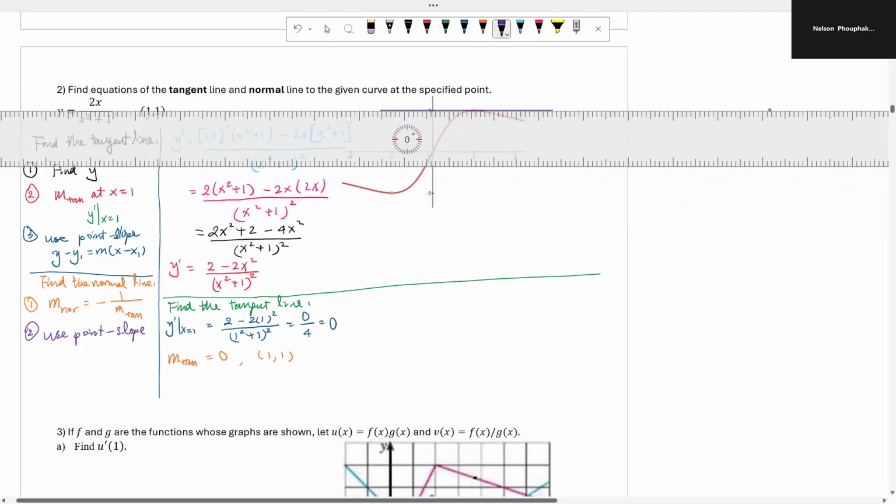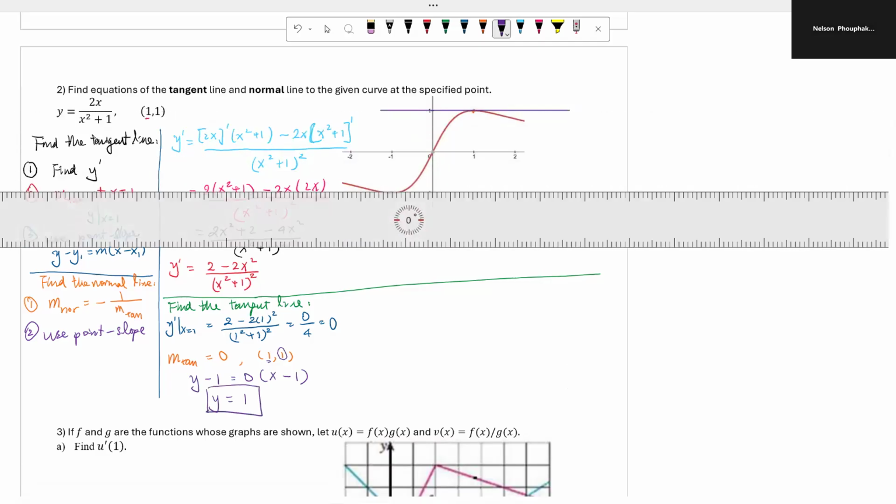This means that I have a horizontal line here. So in this case, we could use the point-slope form: y minus y sub 1 equal to 0 times x minus x sub 1. Then, of course, in this case, we will have y is equal to 1.